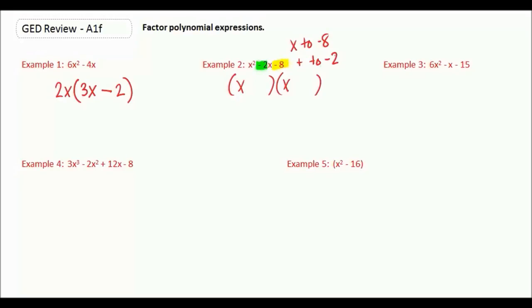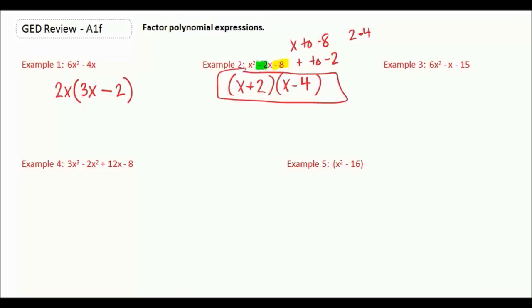And if we make that 4 negative, 2 times -4 would be -8, and 2 plus -4 would give us -2. So we're going to take these numbers and fill them in over here. We're going to have an x plus 2, because that's a positive 2, and then an x minus 4. And that is our factored answer.